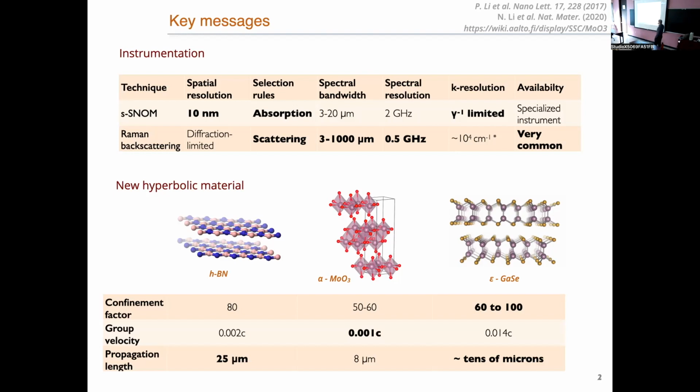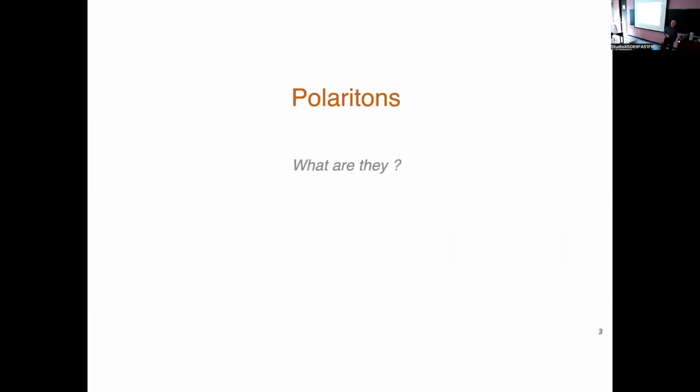I'll introduce a new material, gallium selenide, that has figures of merit matching or surpassing these two polaritonic materials. So with these two demonstrations, the democratization of the instrumentation and the introduction of a new material, I hope that these contributions may help accelerate the development of polaritonic applications. All right, those were the two key points.